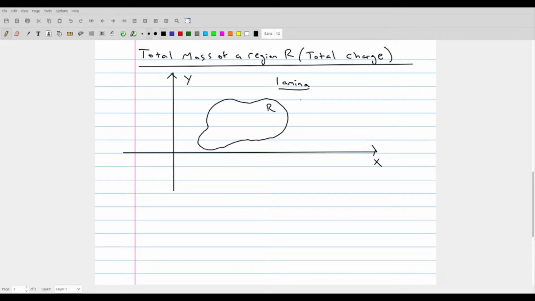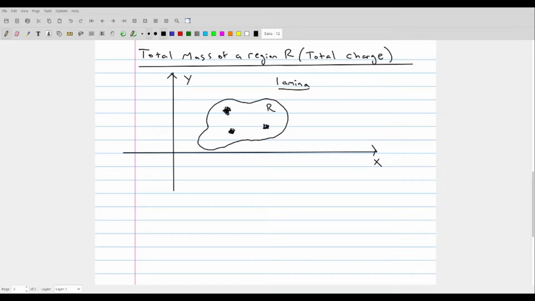So if we consider all of the points on this lamina, very often we can have a mass density function defined all over that lamina. So the idea is that there may be certain regions, maybe like here and here, and maybe a third region or however many regions you want to consider, where the mass is very heavily concentrated.